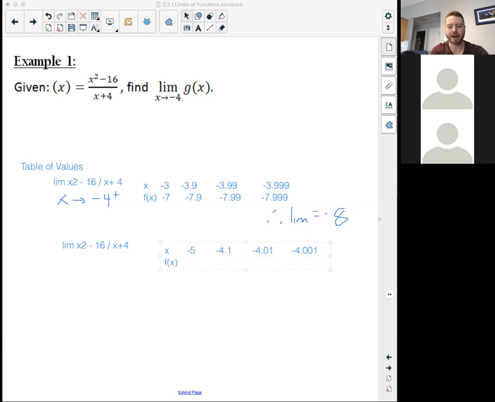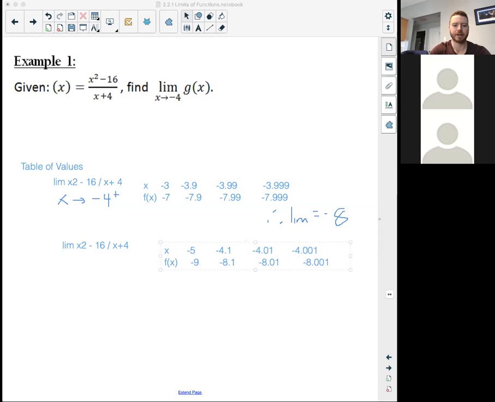So when it is -5, we have a value of -9. When it's -4.1, we have a value of -8.1, -8.01, and -8.001. Okay.